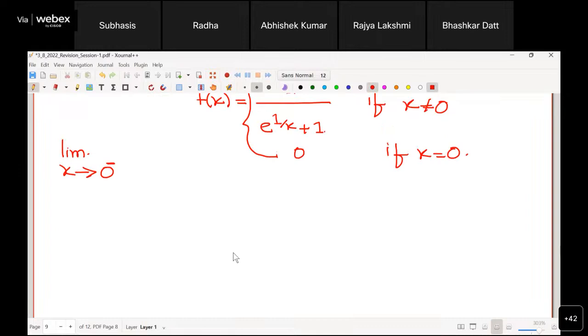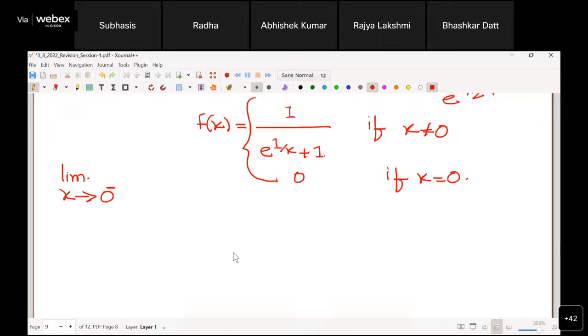So again, let me explain what basically she was trying to say. As you can see, I'm finding the left hand limit. So that means I'm coming to 0 from the left hand side of the 0.